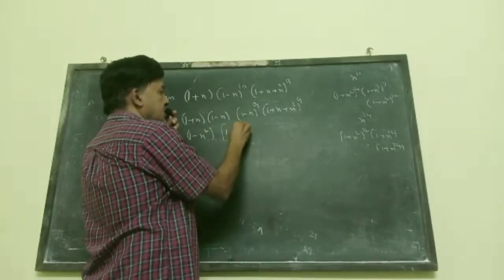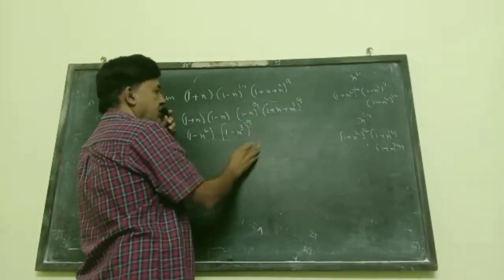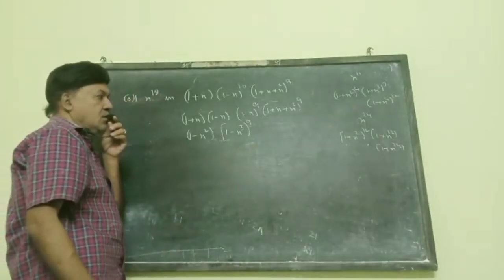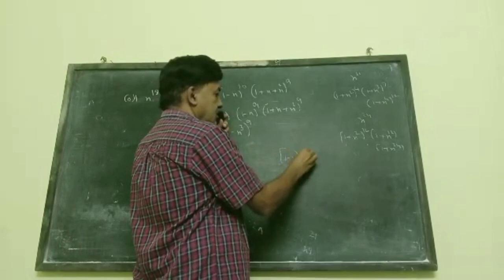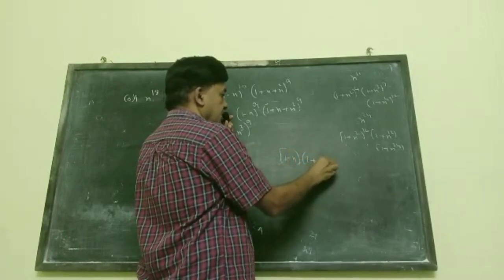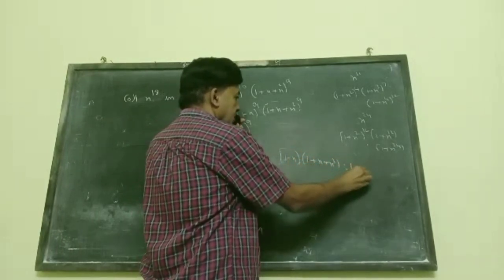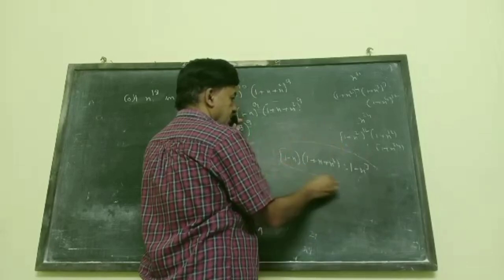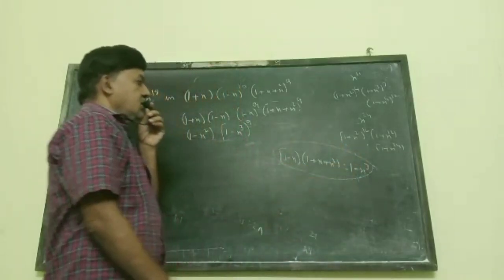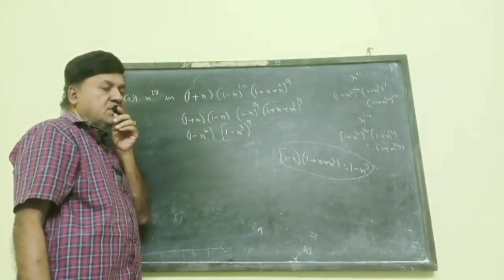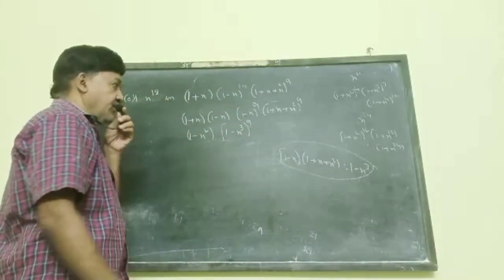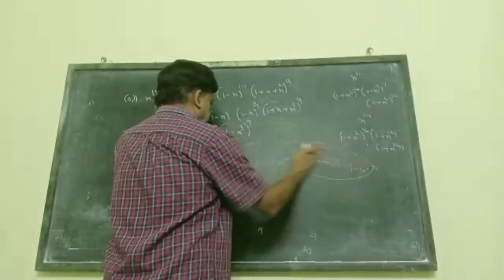So (1 - x^3)^9. Recall: (1 - x)(1 + x^2) = 1 - x^3, just like a^3 - b^3 = (a - b)(a^2 + ab + b^2). So you will get it like this.